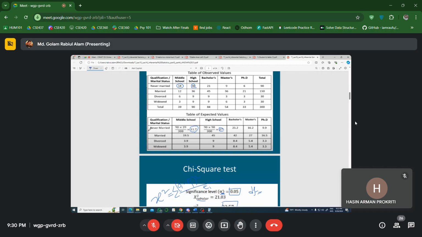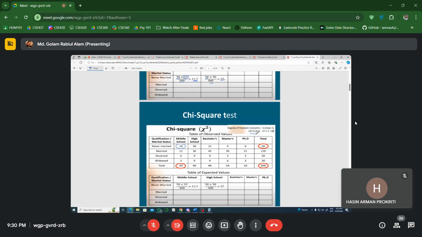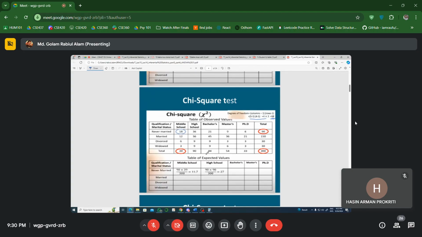Rows: 1, 2, 3, 4, so 4 minus 1 is 3. Columns: 1, 2, 3, 4, 5, so 5 minus 1 is 4. 4 times 3 is 12. So degrees of freedom is 12.